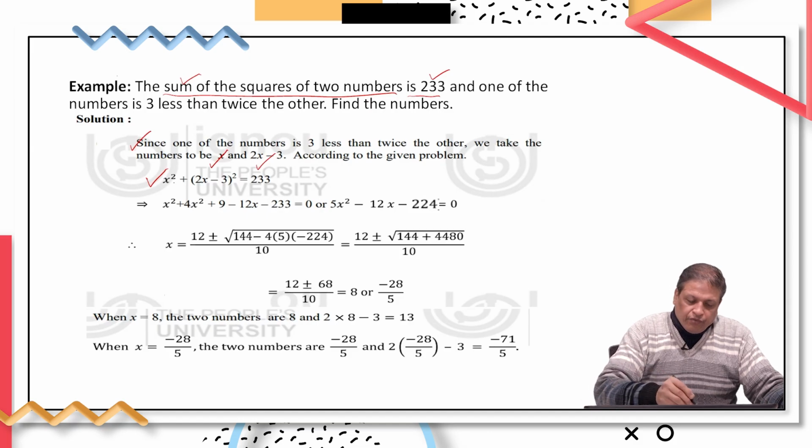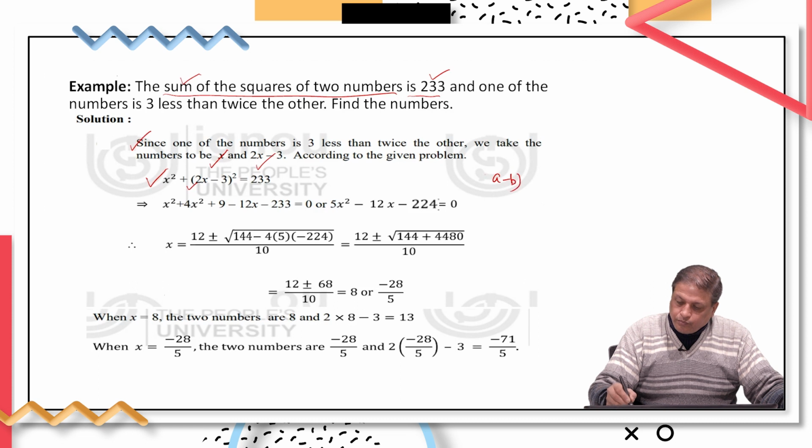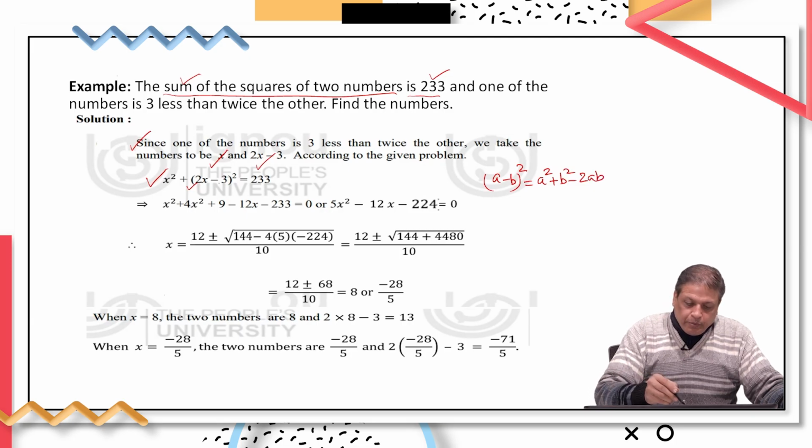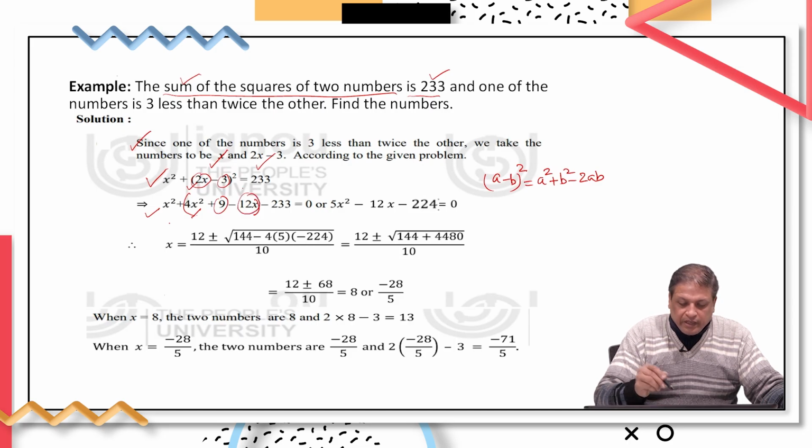So if we again apply the identity (a minus b) square, we get a square plus b square minus 2ab. Expanding and rearranging, we get x square plus 2x square is 4x square, plus 3 square is 9, and 2ab is 2 into 3 into 2x, so 12x, and 233 is taken to this side.